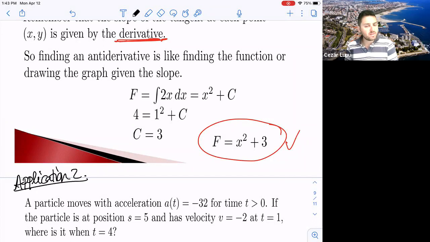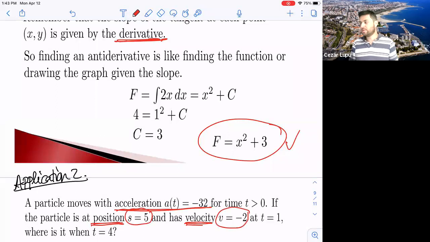So in other words, look here. I know the acceleration. And I'm wondering about the velocity, about position. I know the position s equals 5. I know the velocity v equals -2.